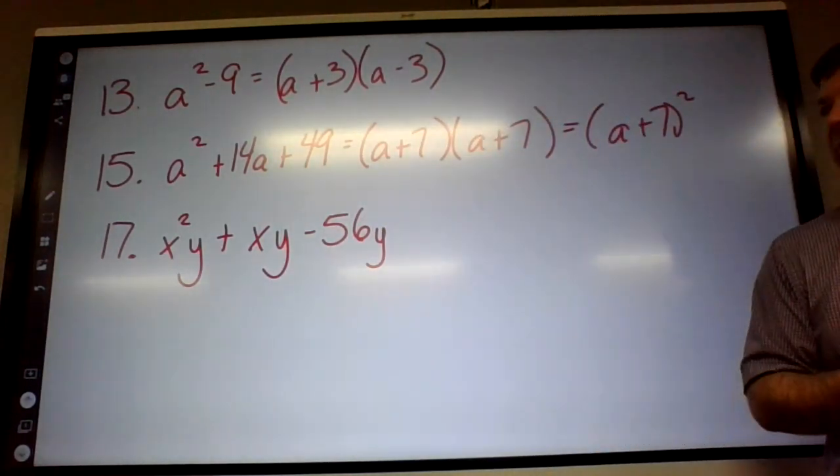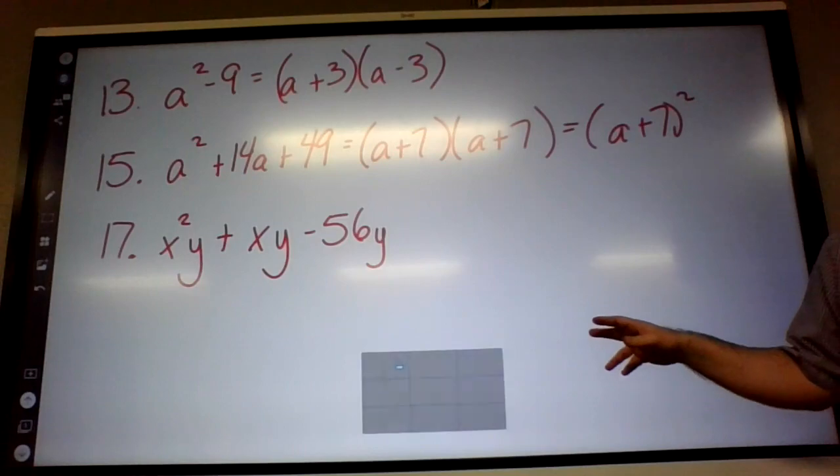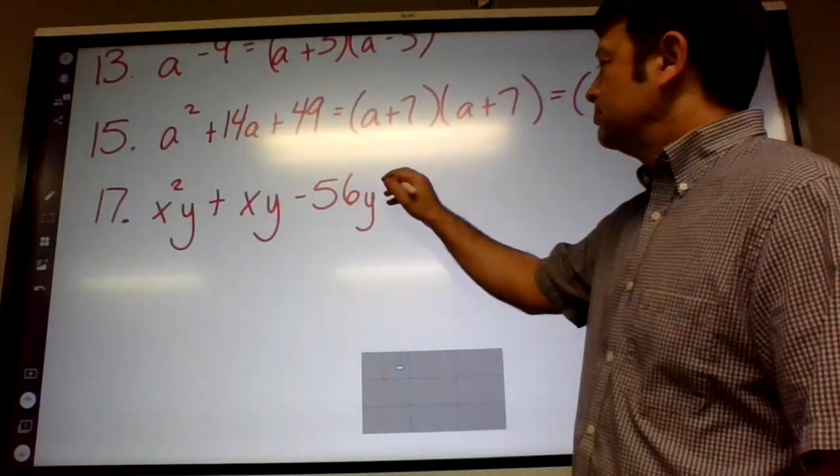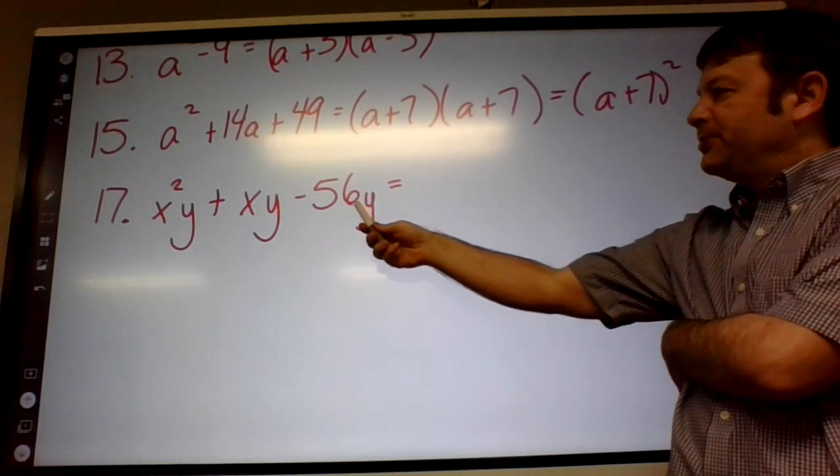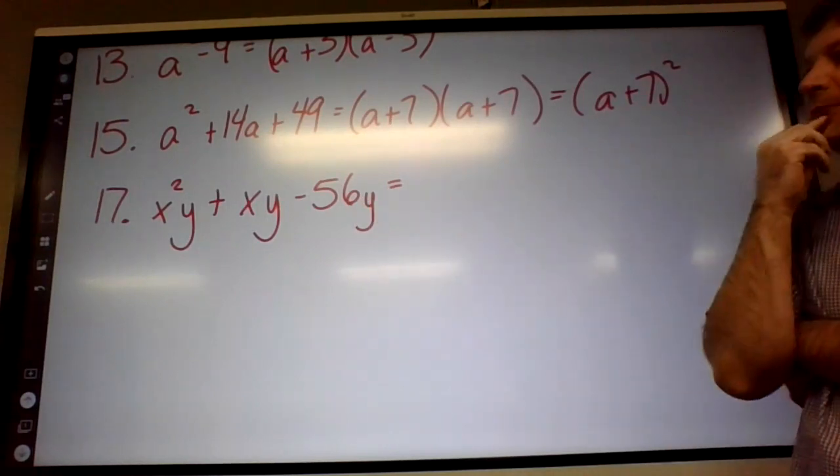All right, let's see where we are. Manny, what can we take out on this one? For the variable part, we can take out at least an X. Well, is there an X in the last term though? No. So what could we take out then?